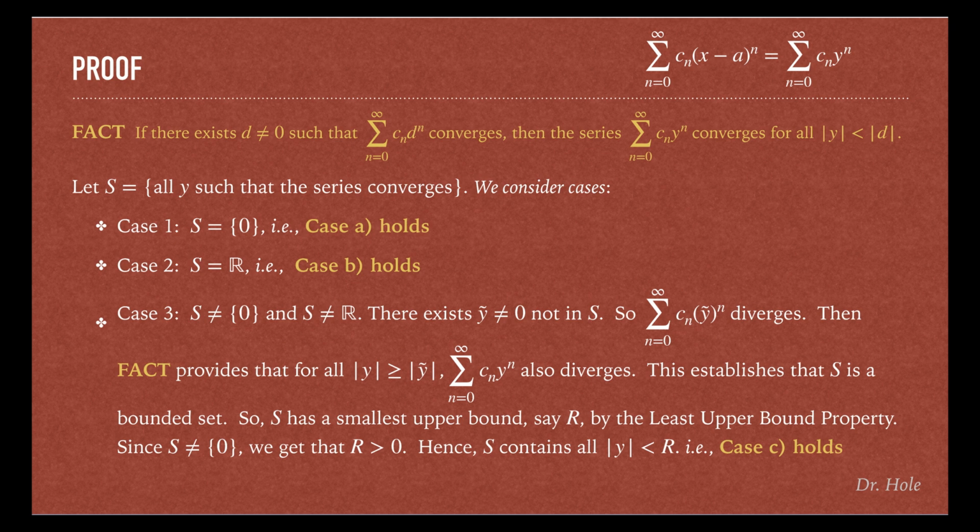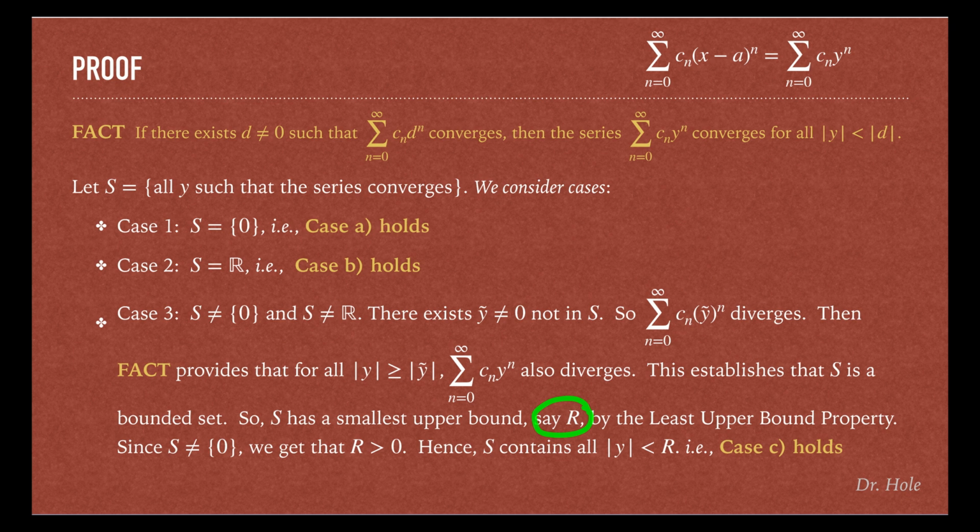That means that there is a bound on S. You have the center, and then S has points that only go a certain distance away from the center. By being a bounded set, it's a property called the least upper bound property that S will have a least upper bound.